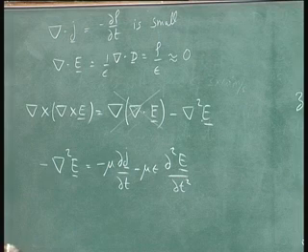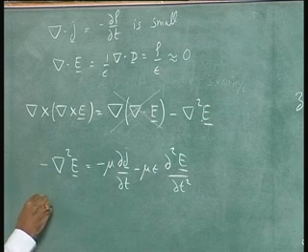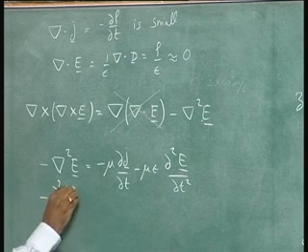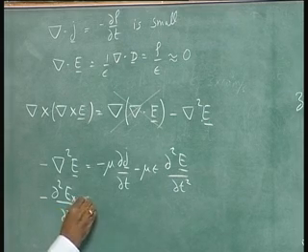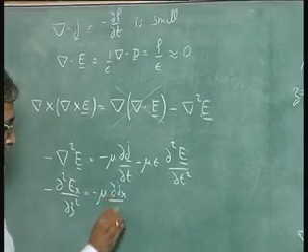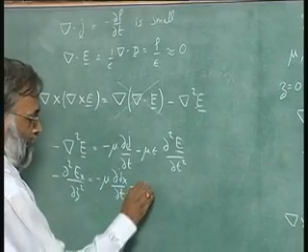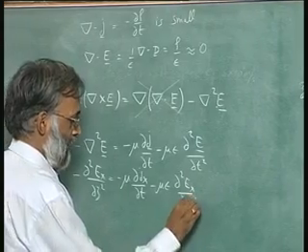So, what do I get? If I substitute one dimension, then I will get minus del squared E x del z squared is equal to minus mu del j x del t minus mu epsilon del squared E x del t squared.